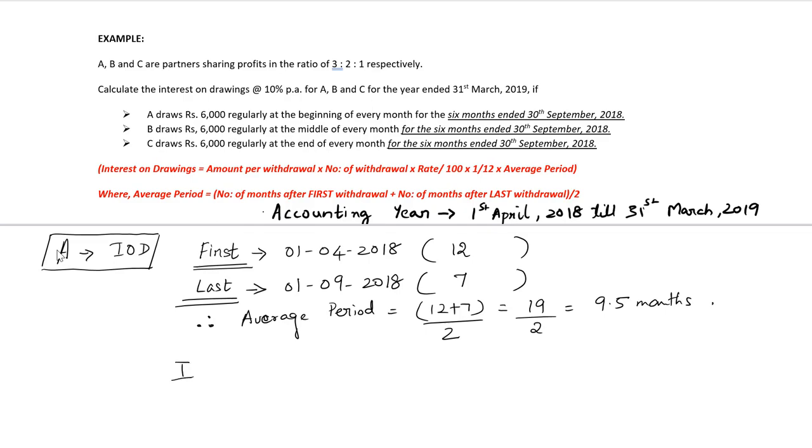Applying the formulae to get the interest on drawings: amount per withdrawal rupees 6,000. Number of withdrawals: the withdrawal is only for the first 6 months of the year, so number of withdrawals is 6, into rate by 100, 10 by 100, into 1 by 12, into the average period, which is 19 divided by 2.